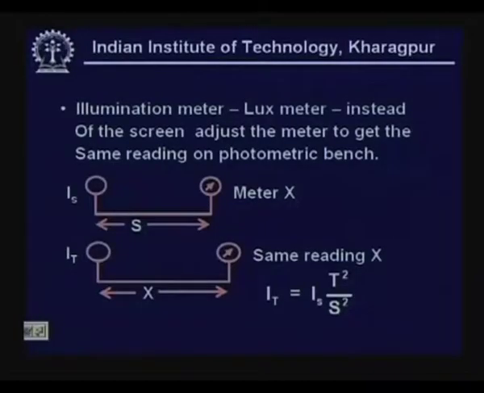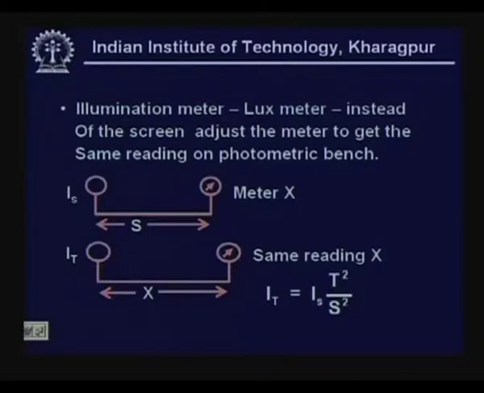The way to do it is take the standard lamp, let us say it is placed on the photometric bench and the lux meter is positioned a distance s away from the standard lamp. And say it gives a reading x, then we replace the standard lamp by the test lamp and move the meter till such time we read the same reading, and we get a new position of the meter away from the test lamp, at distance t.